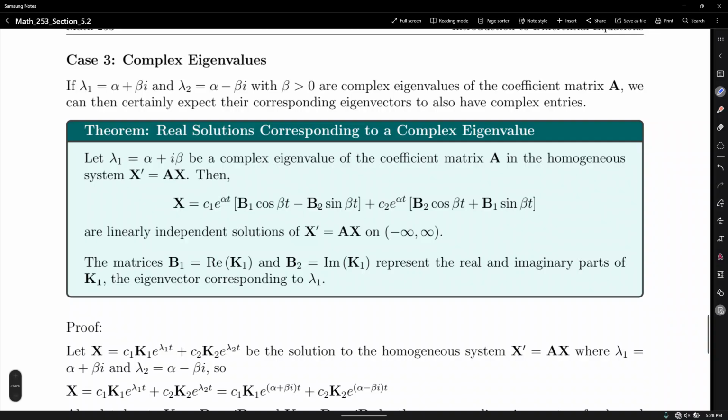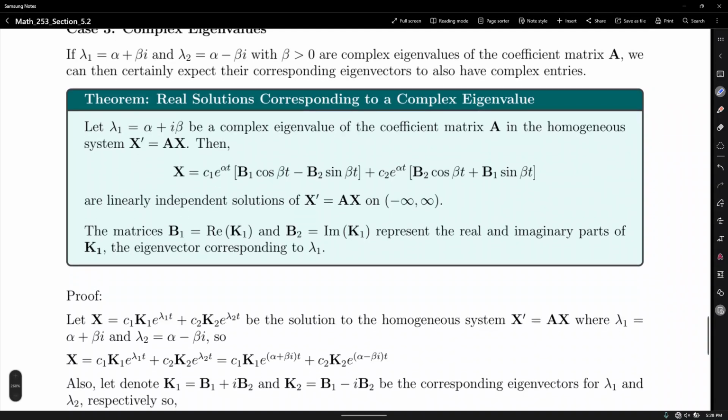What are this b1 and b2? Okay, guys, the eigenvector we obtain, which will be another complex vector, we will split into a real vector plus i times another vector, which is a real vector and an imaginary vector. So those are going to be our b1 and b2.